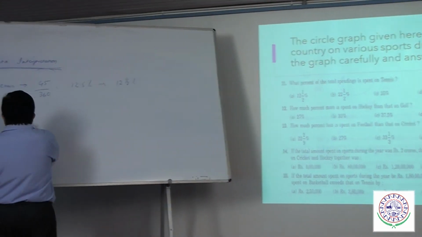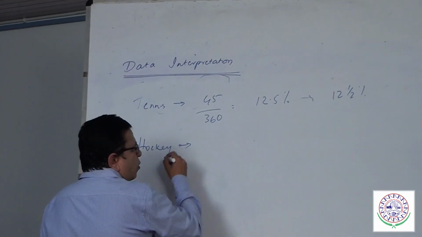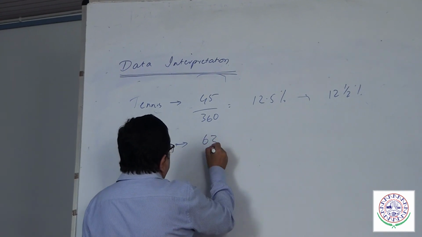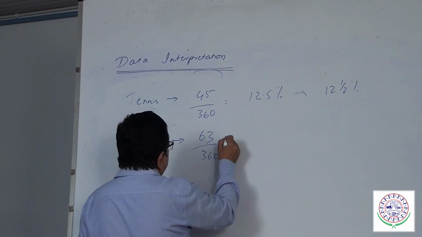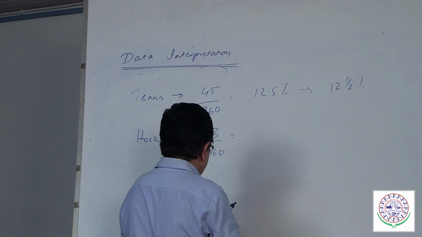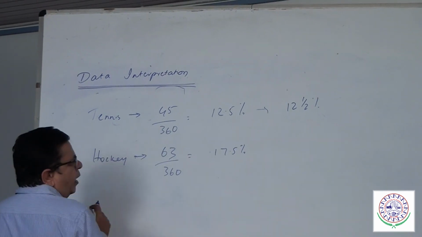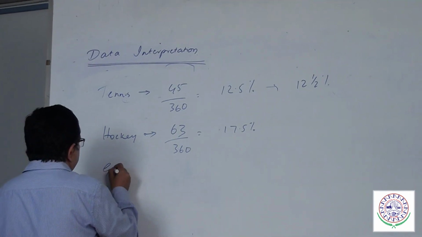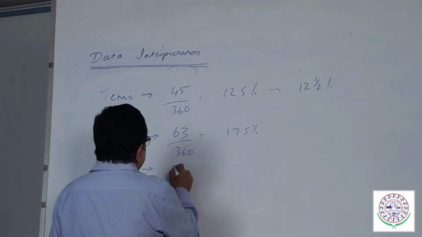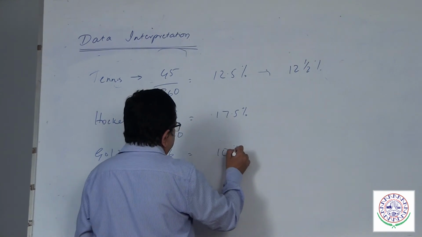How much percent more is spent on hockey than on golf? First we have to find out hockey. Hockey is 63 by 360. That is 17.5%. And golf. Golf is 36 by 360, so that is 10%.